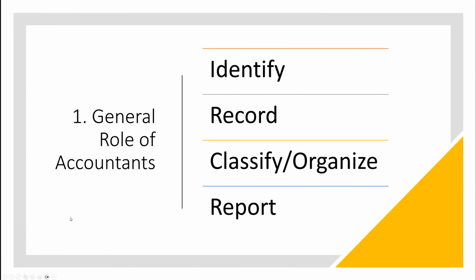So first of all, in terms of the general role of accountants, traditionally and still to a large extent today, we break it down into four different things. We need to identify the transactions that are going to be recorded in the system. In order to record a transaction in the system, we ask ourselves this question: is it affecting one of the elements in the accounting model?